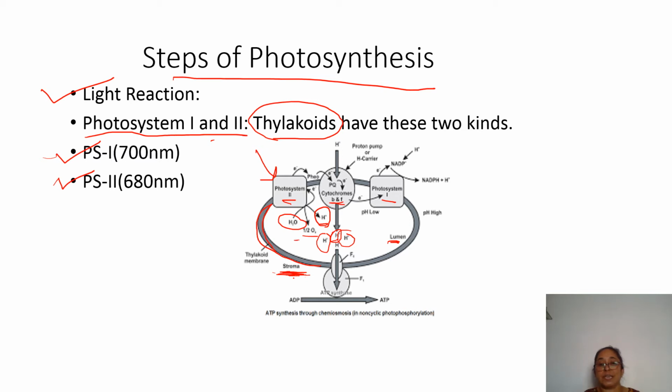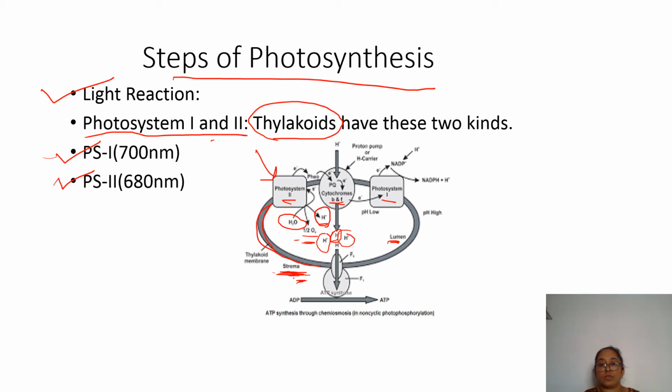So this creates a proton gradient across the thylakoid membrane, because here the proton concentration is high and here it is low. So there is subsequent spontaneous movement of protons, as you can see here from cytochrome B6 and cytochrome F.